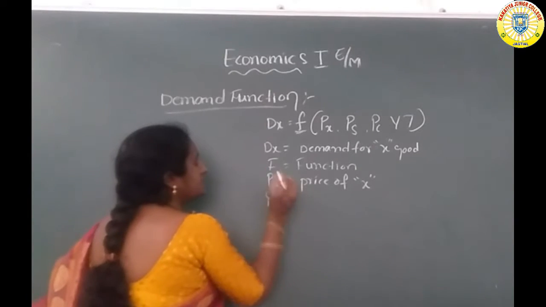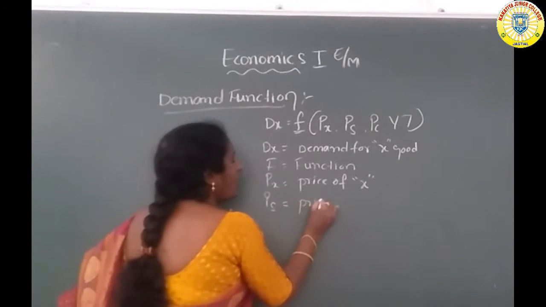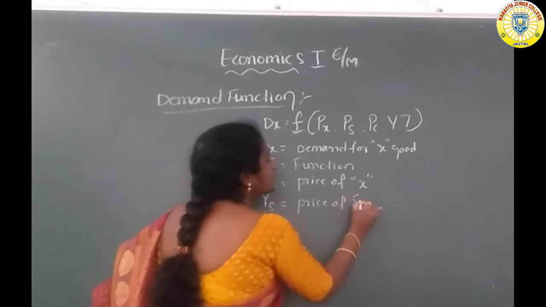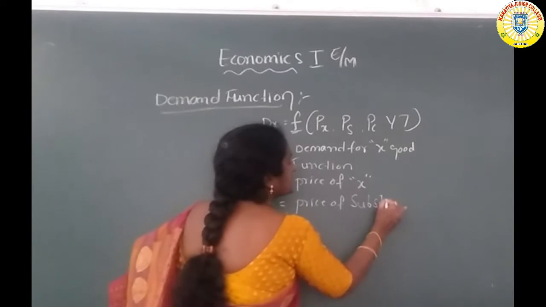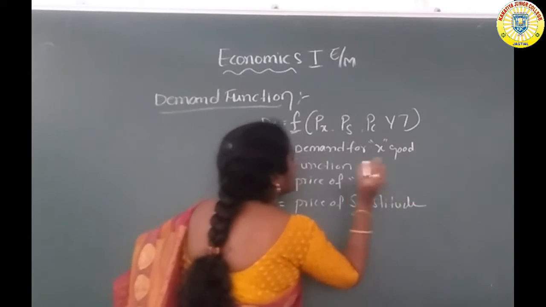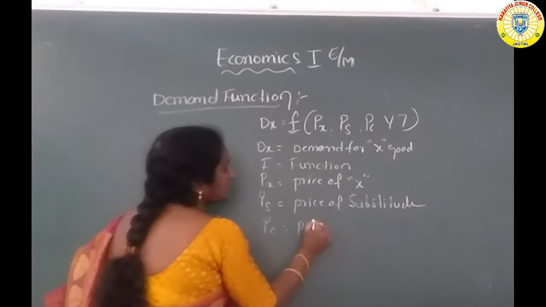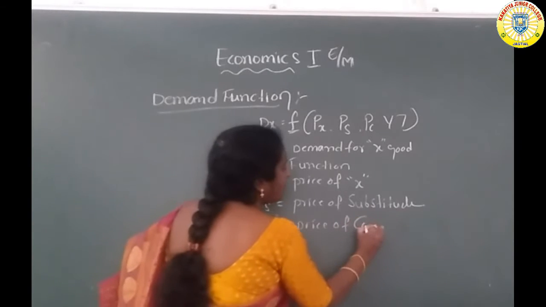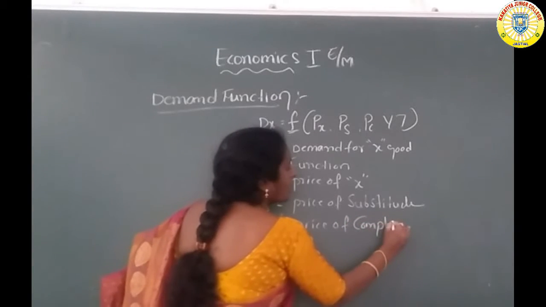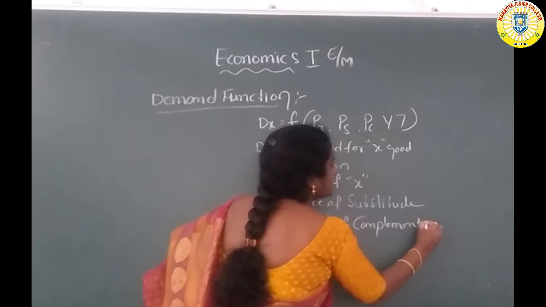Ps means price of substitutes, and Pc means price of complementaries.